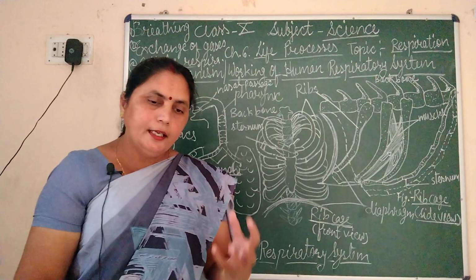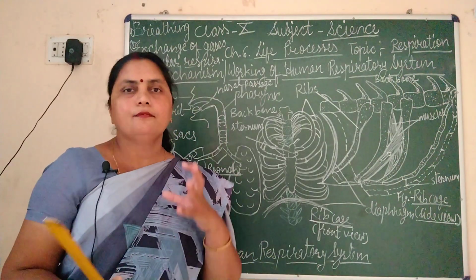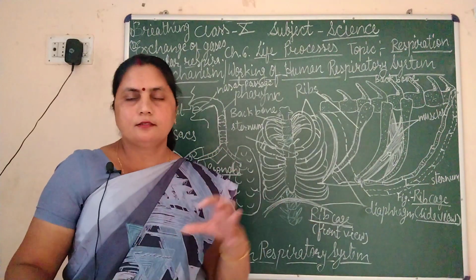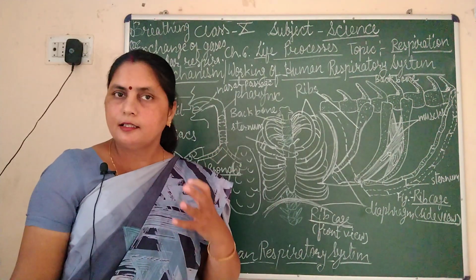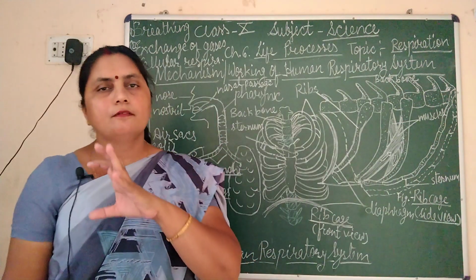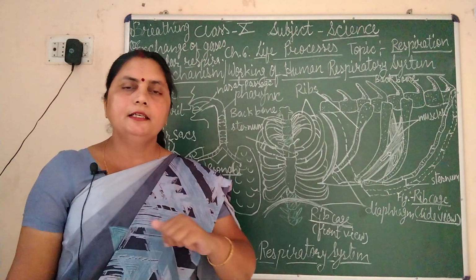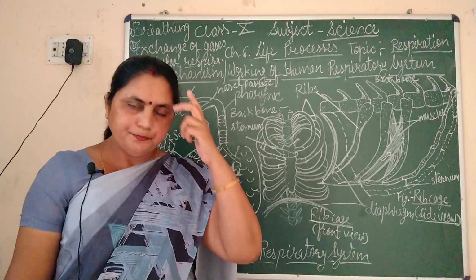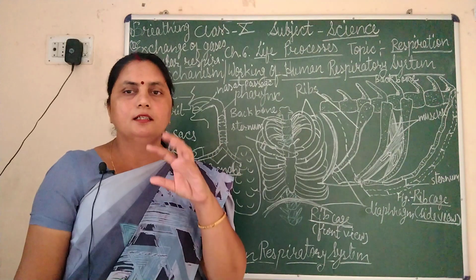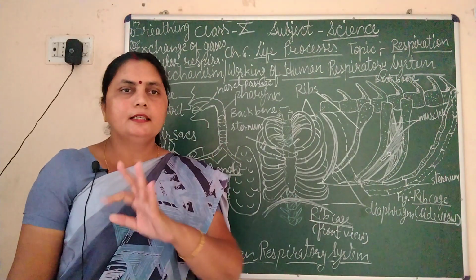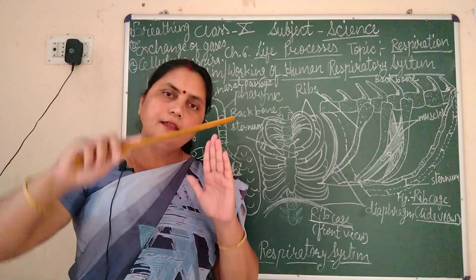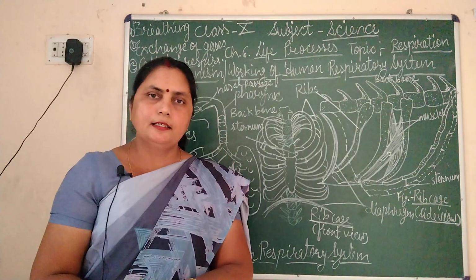So when air sacs are fully filled with air, this air exerts pressure on the walls of air sacs. So when air exerts the pressure on the walls of air sacs, in the blood capillaries which are present in the wall of air sacs, the oxygen present in air will diffuse into those blood capillaries.